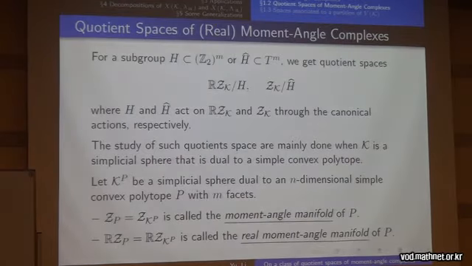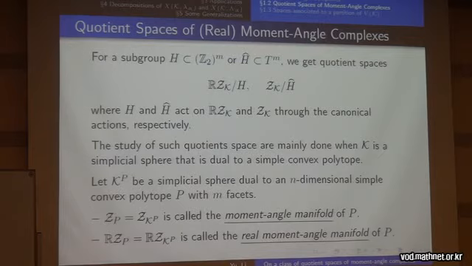Okay. And in this talk, I want to talk about the quotient spaces of real or complex moment-angle complexes. So for a subgroup H in this Z2 torus or the real torus, we have quotient spaces where H and H hat act on real moment-angle complexes and moment-angle complexes through the canonical actions respectively.